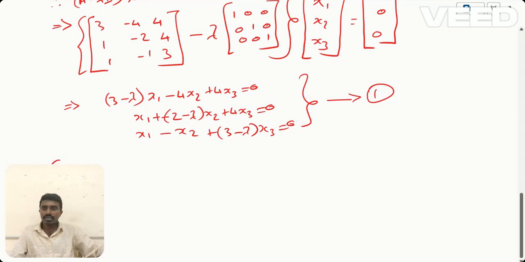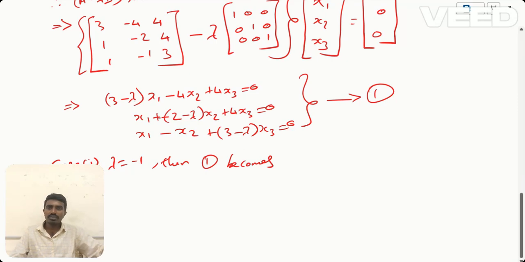First one is case 1: lambda equal to minus 1. Here substitute lambda equal to minus 1. Then what do we get? 4x1 minus 4x2 plus 4x3 equal to 0.